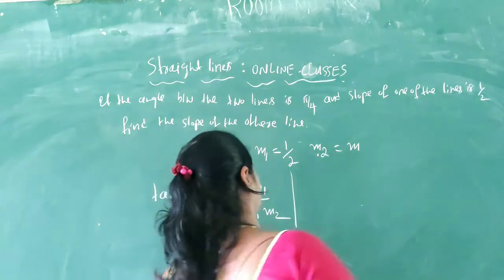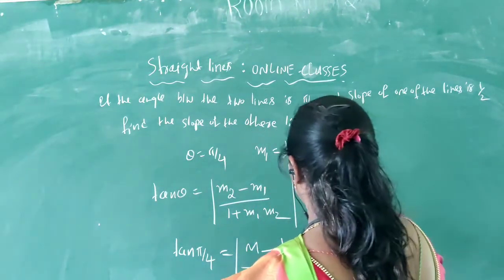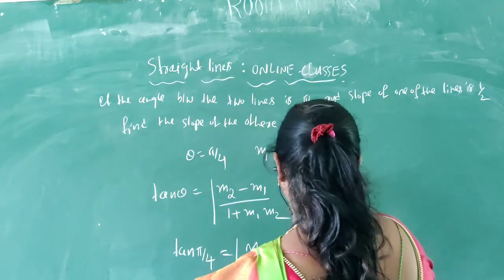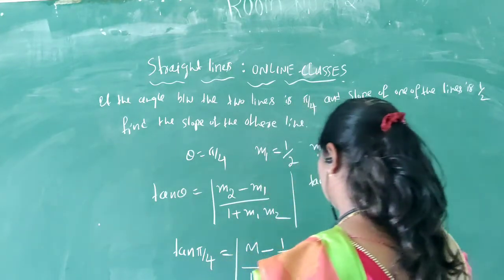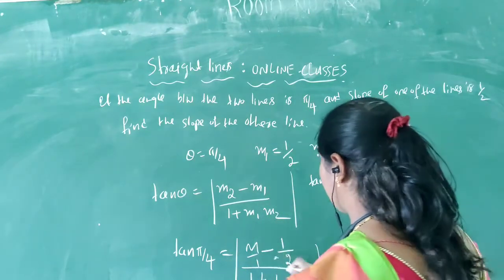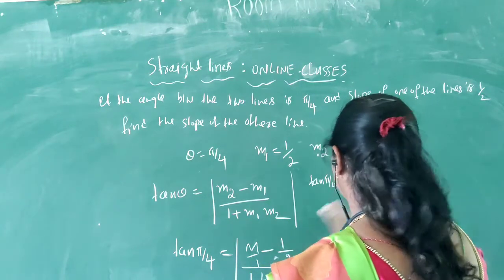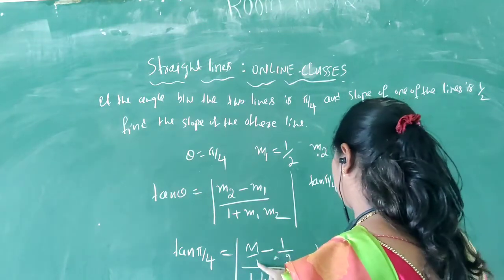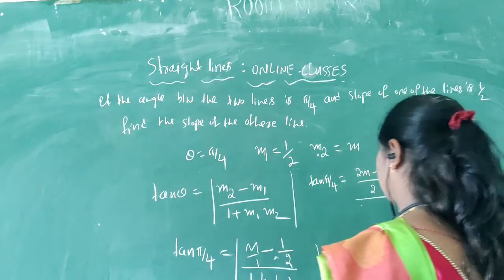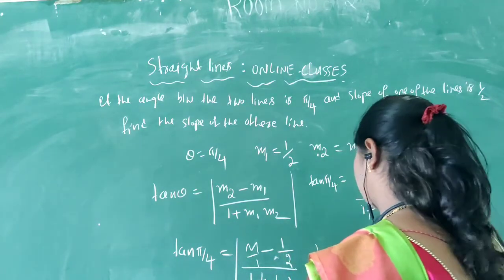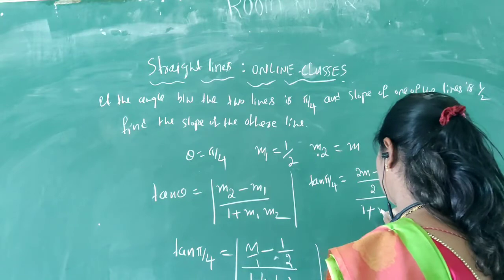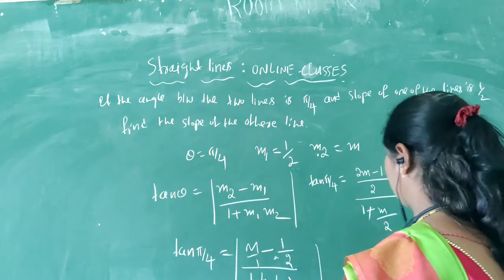Next, tan pi by 4 is equal to 2m. You can cross multiply. m into 2 is 2m, into minus 1 divided by 2. Next, 1 plus 1 into m is m divided by 2. Okay.